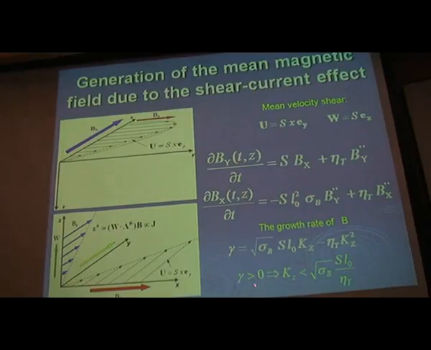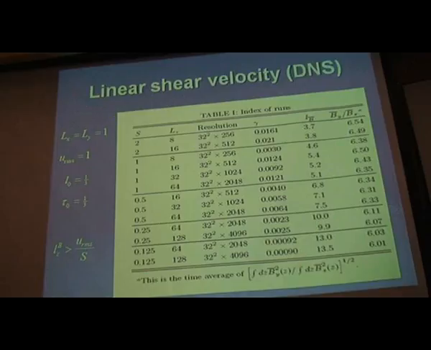So gamma is positive when kz is less than this value, which implies that if we consider small shear, the characteristic size of magnetic field variations should be more than U RMS divided by S. So if we consider small shear, LZ should be large.